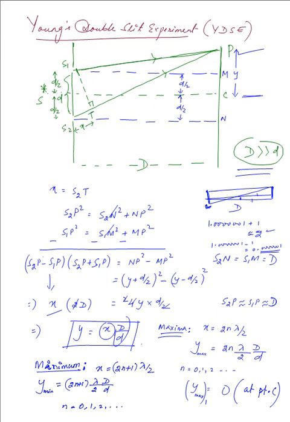Now here, if we put the value of n equal to 0, you get the first minimum at lambda D over 2d, right? So that is not at 0. It will be somewhere over here, where y will be equal to lambda D over 2d.